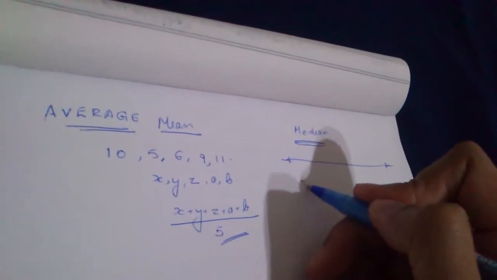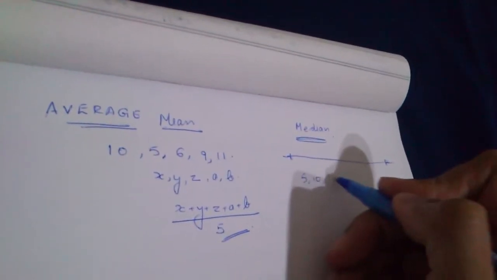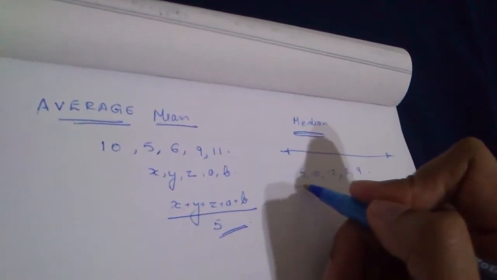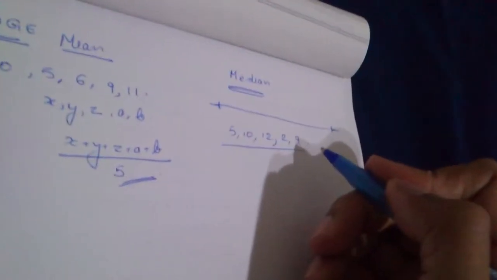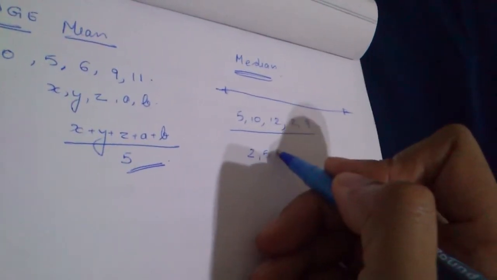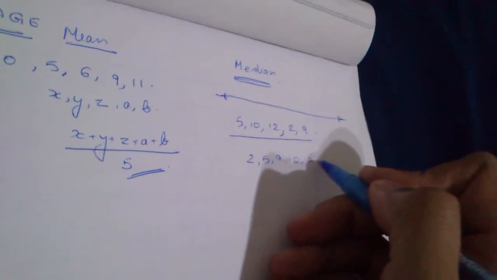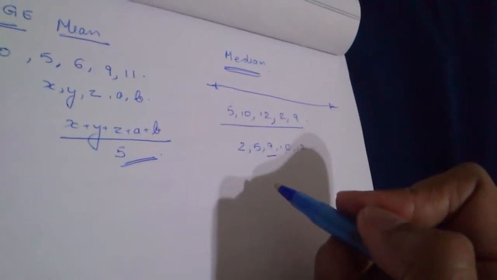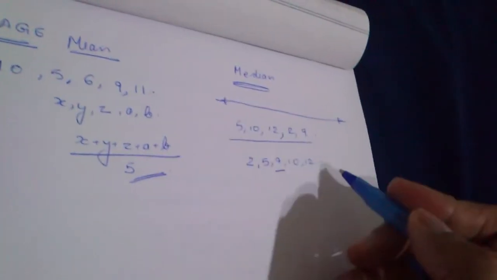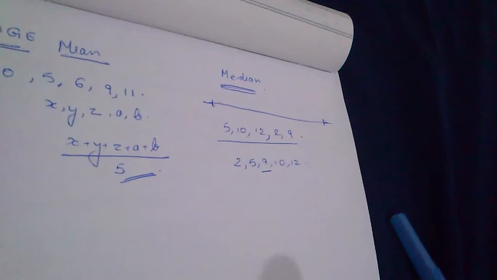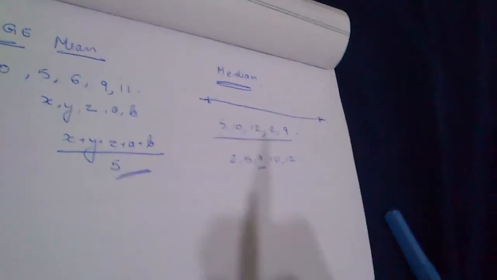For example, let's take these numbers. To find the median, you would arrange these numbers in ascending order: 2, 5, 9, 10, 12, and you would know that the middle value is the median. In case it's an odd number of elements, you would always have one element in the middle, and that would be your median.